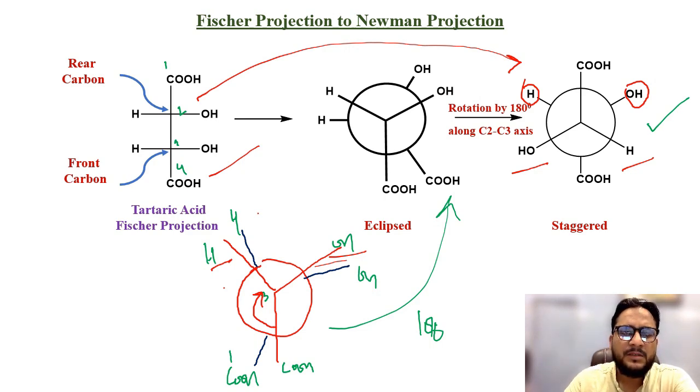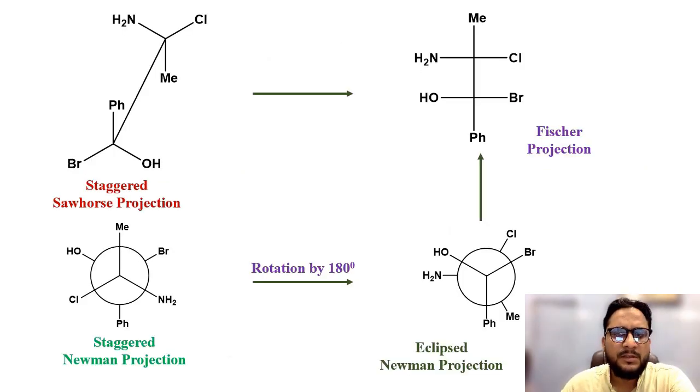So let us check those examples as well. This is the structure that I have shown here for your understanding. Here a Sawhorse form is given for a molecule and you have to convert it into Fischer form.